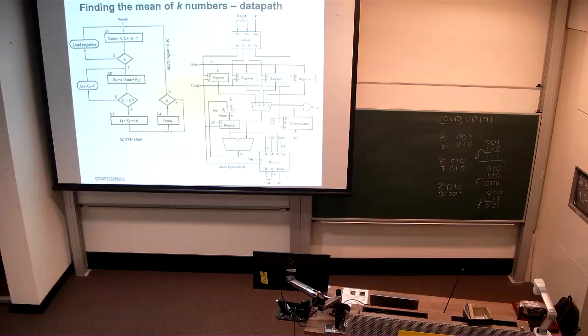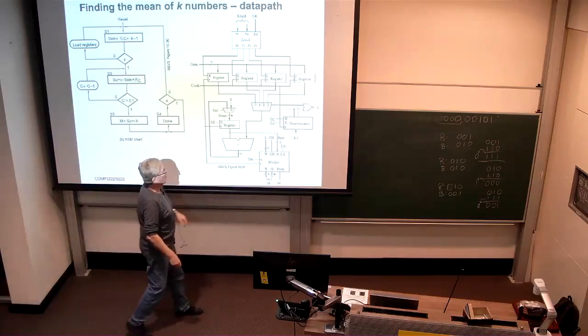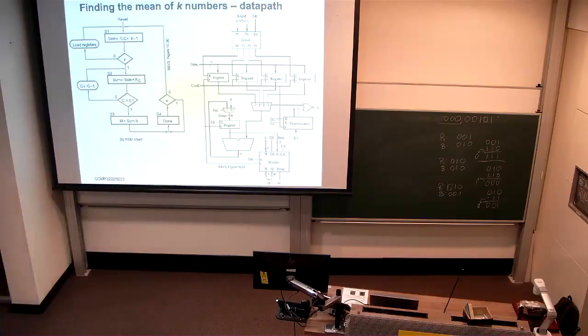Okay, so this is the ASM chart I just talked about. So what needs to be described is over here. This is a little complicated design. The top half effectively contains our K registers. In this case, K is 4, so it's a relatively small number.